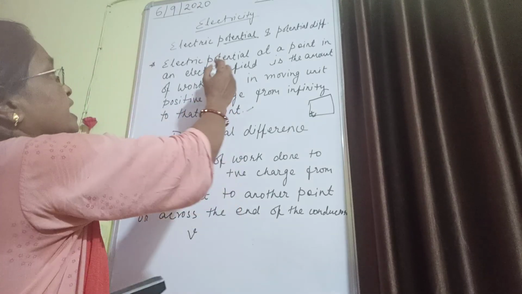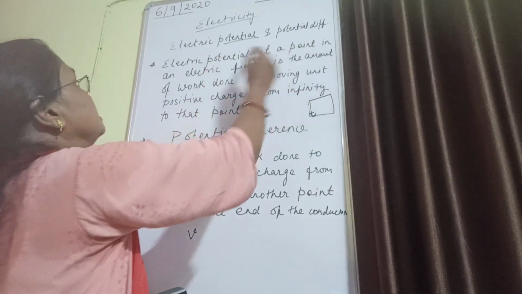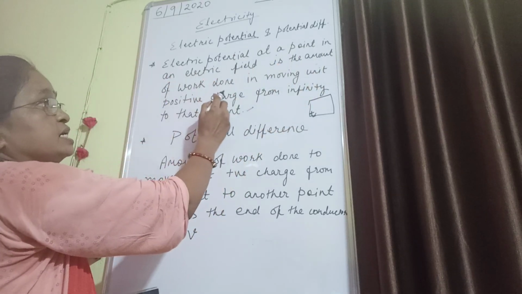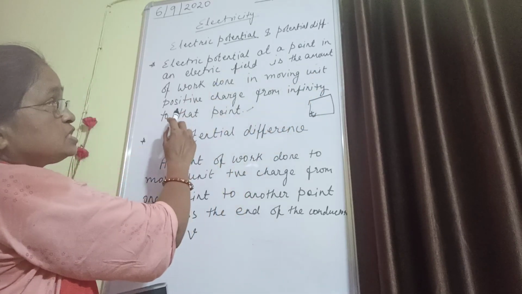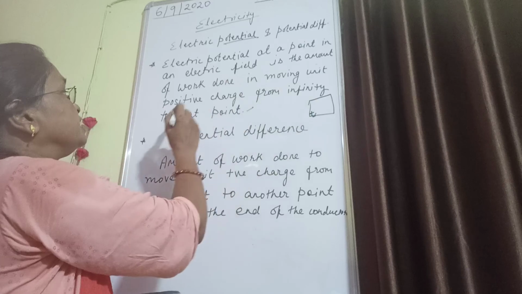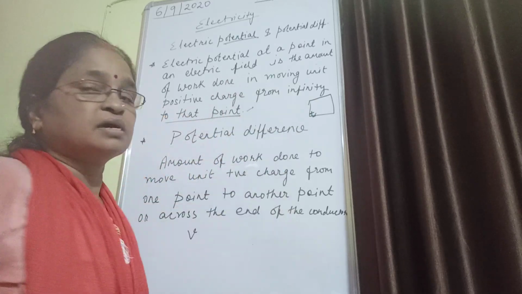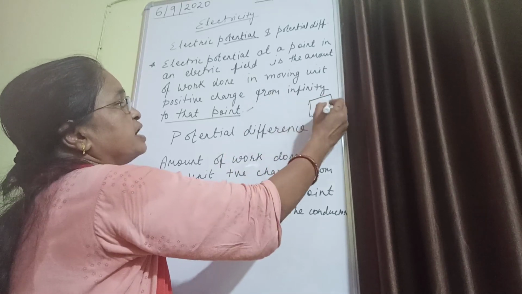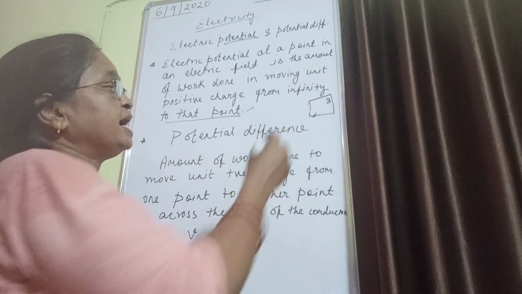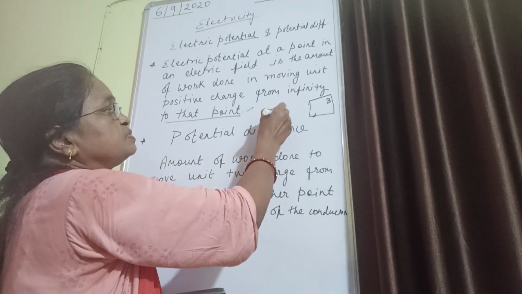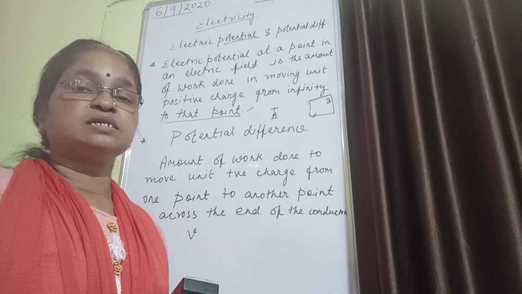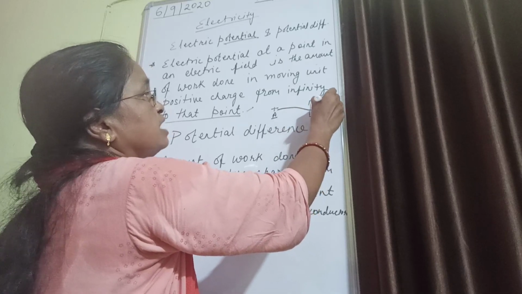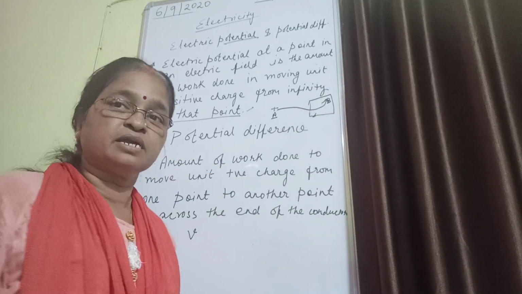So, electric potential at a point in an electric field is the amount of work done in moving unit positive charge from infinity to that point. If you have to bring this positive charge to point B and this positive charge is at point A, naturally we have to do some work to bring this unit positive charge to point B in an electric field.